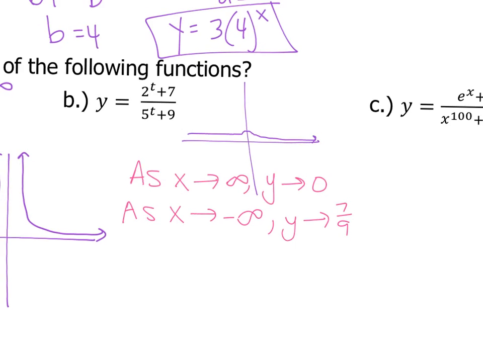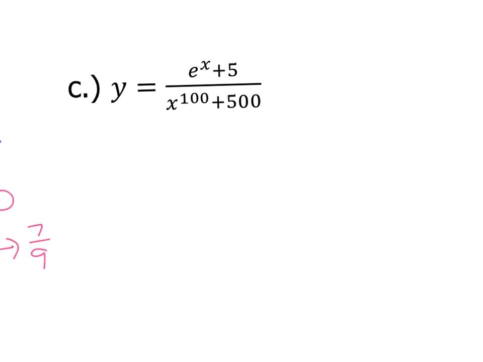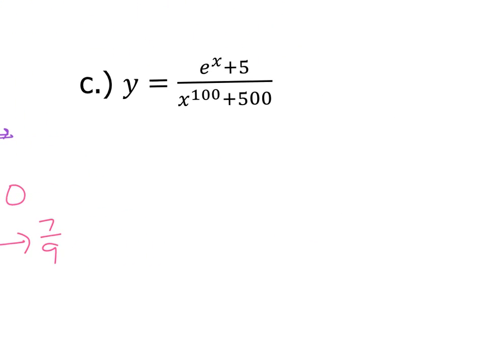On the very last one here, if we look at the numerator and the denominator, what this is going to resemble, because this leading term totally dominates that power function, is y equals e to the x.